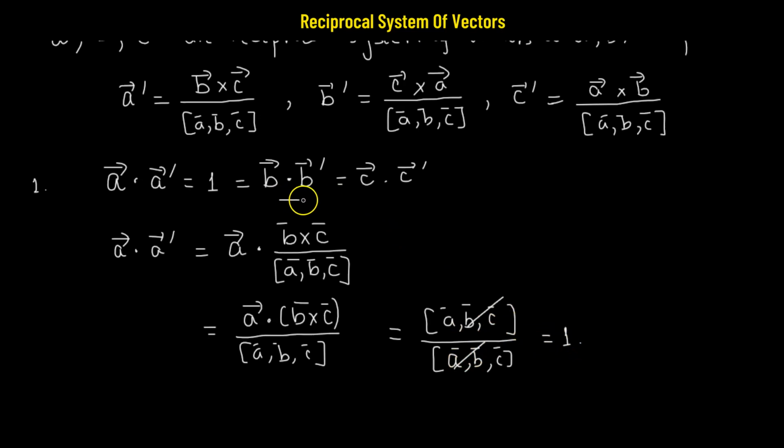We can prove this for vector B dotted with B prime as well, and for vector C dotted with C prime.